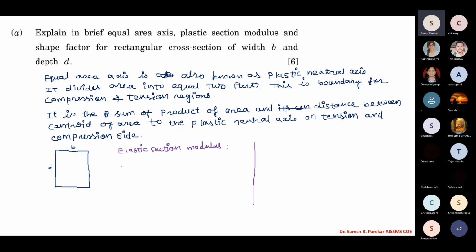So we know for rectangular section, I is BD cube by 12 and ZE is BD square by 6. And we have neutral axis will be at center.